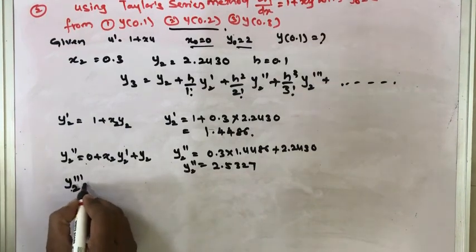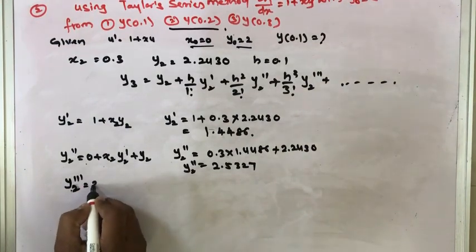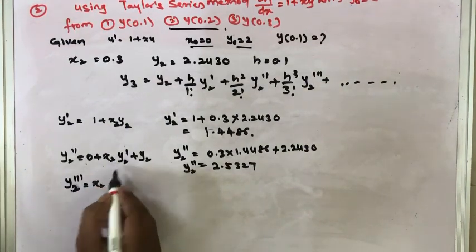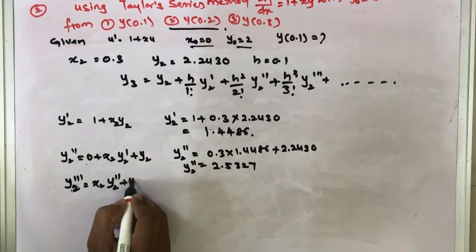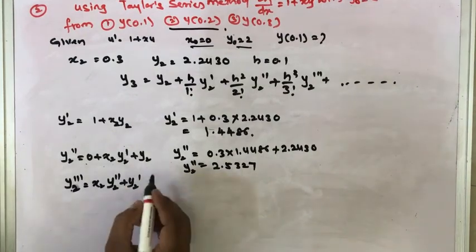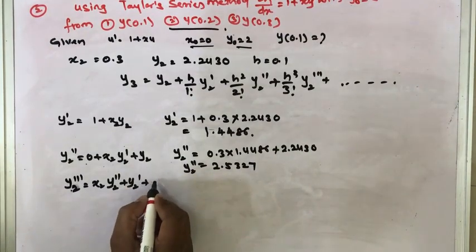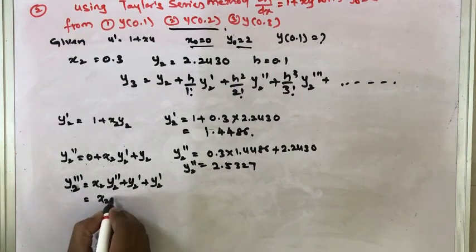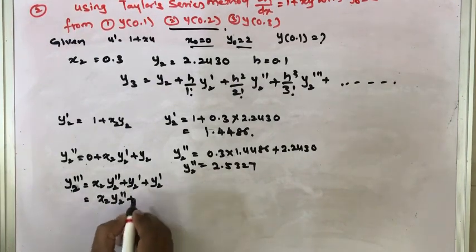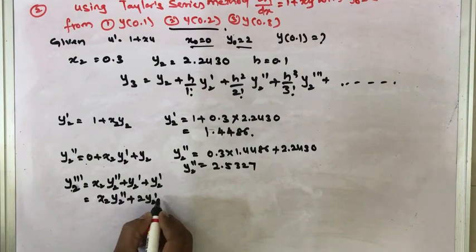Similarly y2 triple dash. Differentiation of x2 will be as it is, x2 into differentiation of y2 dash which is y2 double dash, then y2 dash as it is, differentiation of x2 will be 1. So this will be x2 into y2 double dash plus 2 times y2 dash.